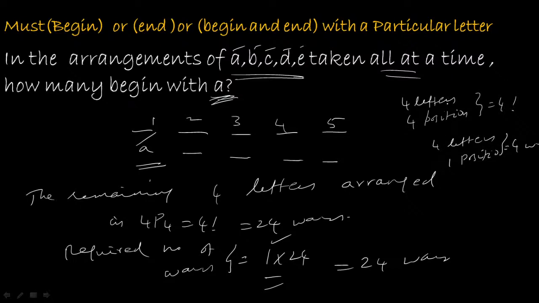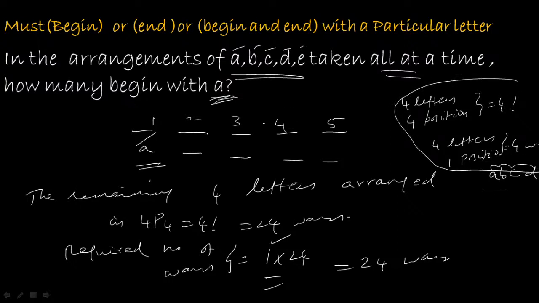If it is 4 letters and 4 positions, the total number of arrangements is 4 factorial. If it is 4 letters and only one position, you can place either A or B or C or D, one of them at a time, so you have only 4 different ways. This is the important thing you have to remember.